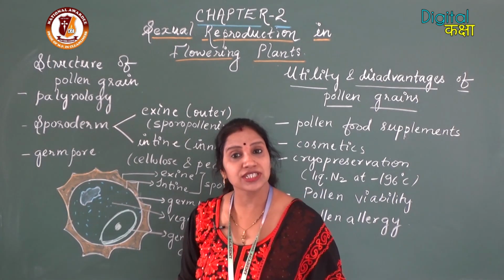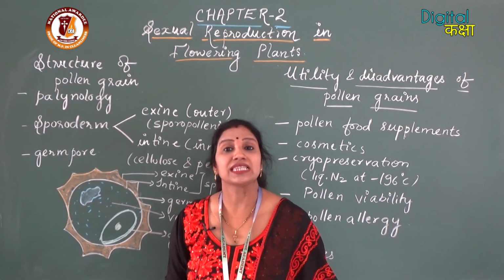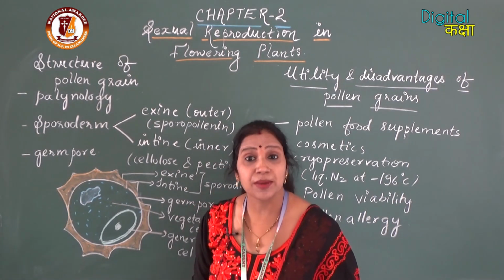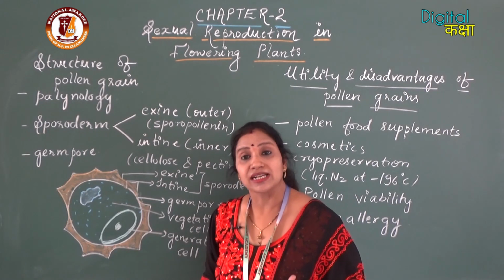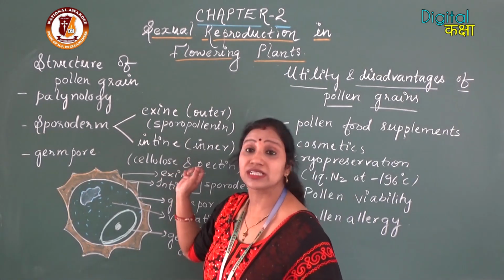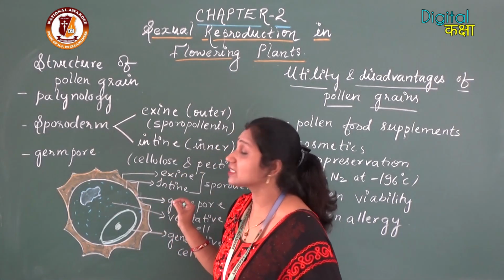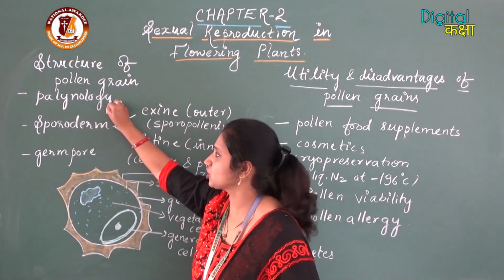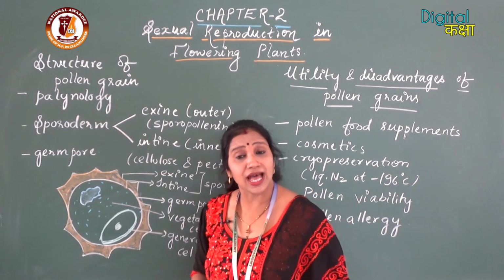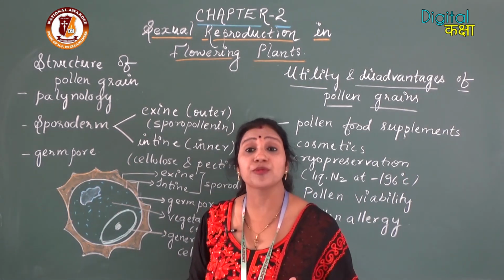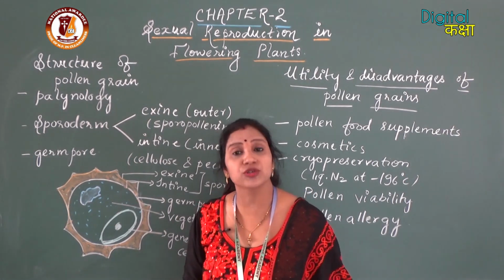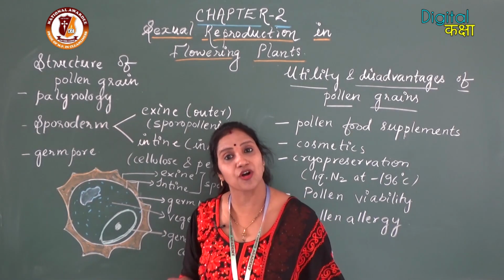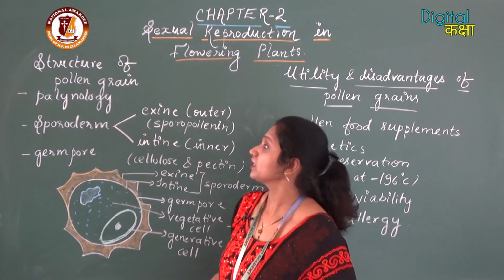In palynology, we study the size, the structure, the shape, the chemical constituents and designs of the pollen grains. You know that pollen grains are formed from microspores. These microspores mature to form the pollen grains.